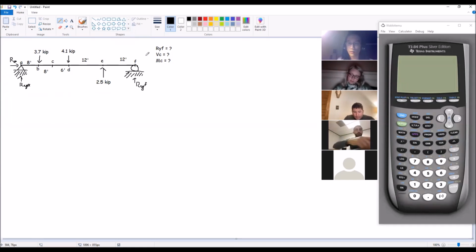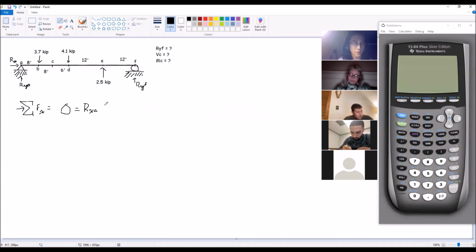Cool, so let's start off by taking summation of forces. Start with the x direction. Summation of the forces in the x direction, assuming right is positive. So we're going to get 0 equals RXA, and that's positive because the reaction is going to the right.